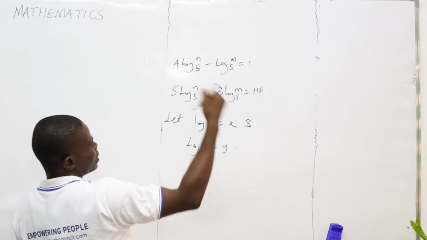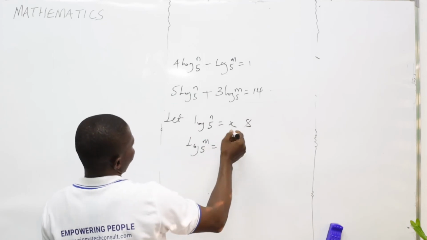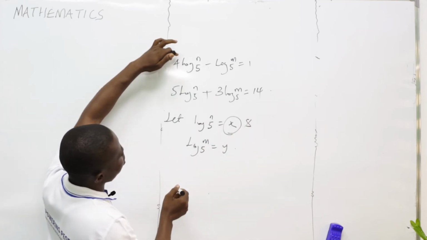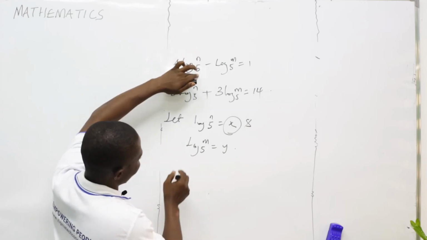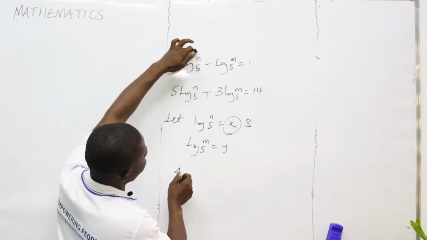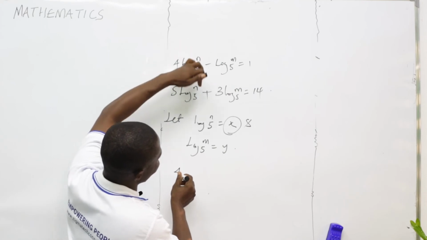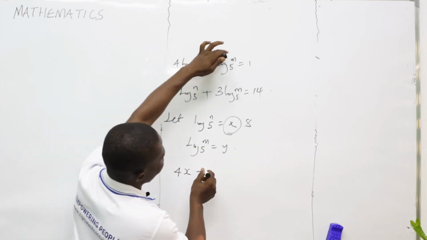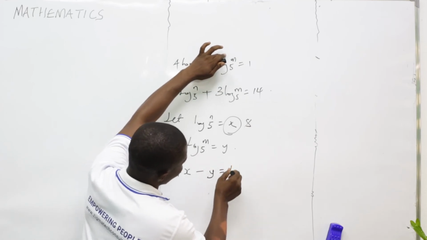So wherever I see log n base 5, I'll call it x. Come back to equation 1. What is this? 4 log n base 5. What is log n base 5? x. All right, 4x minus y equals 1.